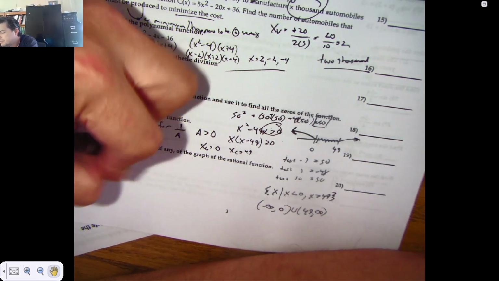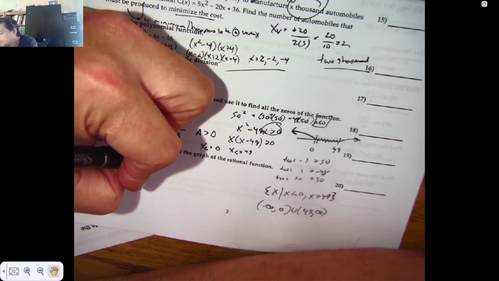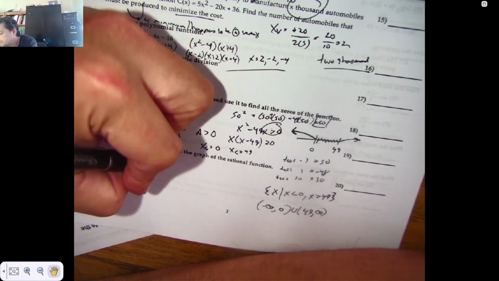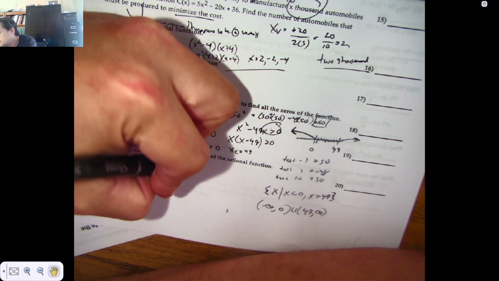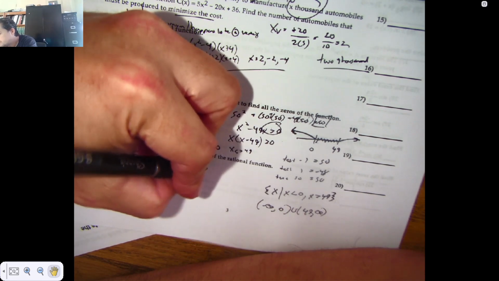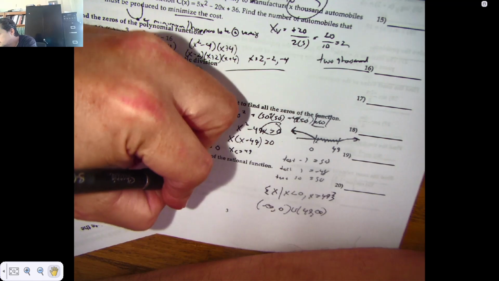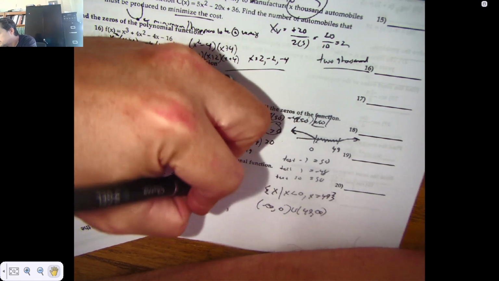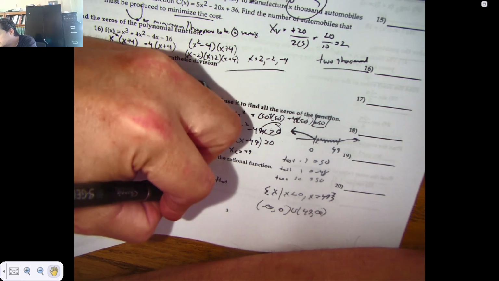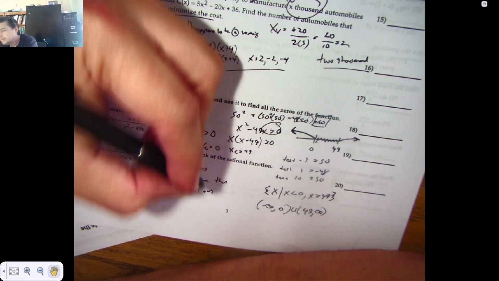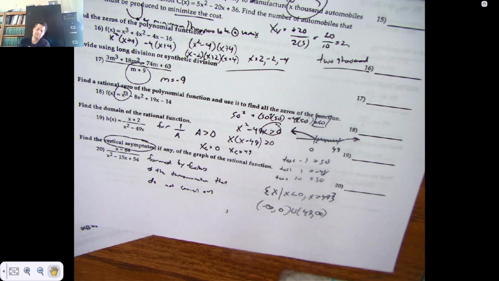Vertical asymptotes are formed by factors of the denominator that do not cancel, or that do not cancel out. Good luck reading that. I'm so tired I can't even write. Formed by factors of the denominator that do not cancel out.